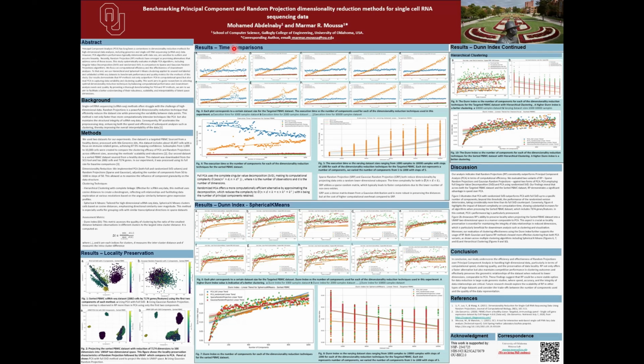And we are also comparing and benchmarking PCA and random projection towards the downstream analysis, specifically clustering. So in this research project, we are essentially comparing PCA and random projection in terms of time complexity and time efficiency, and also in the clustering analysis.